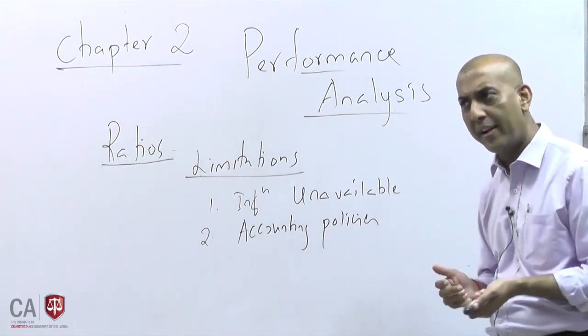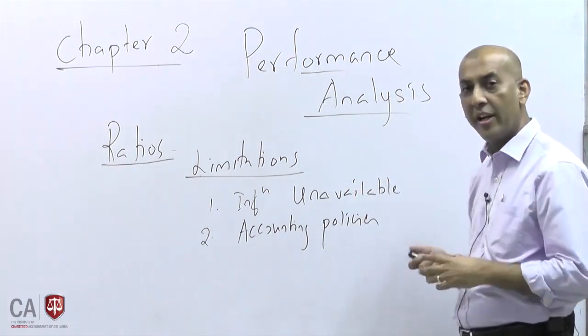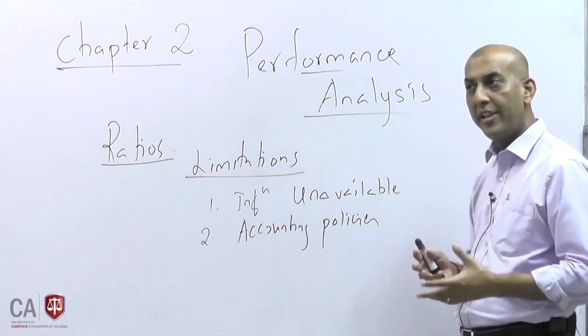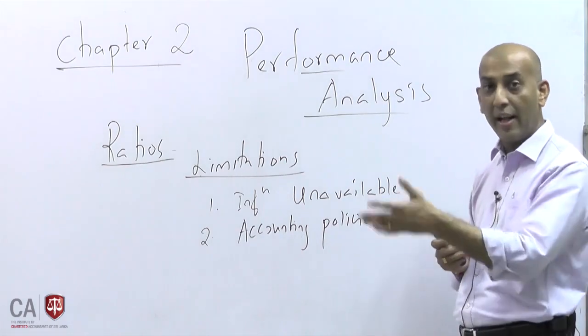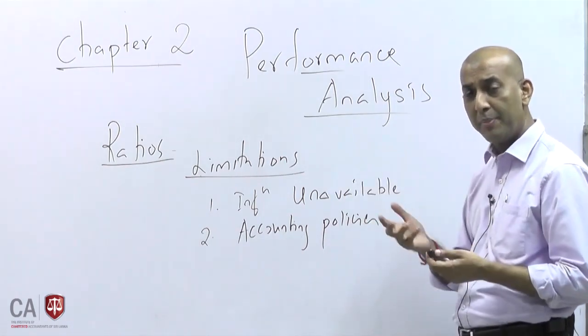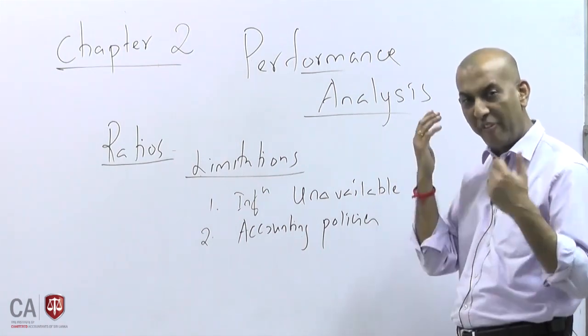If you take the investment category, one company's investments are accounted on the AFS basis, available for sale, so the fair value changes are only in the reserves. But another company in the same industry may have financial assets, investments, at fair value through P&L, which means their gains or losses will affect the P&L.